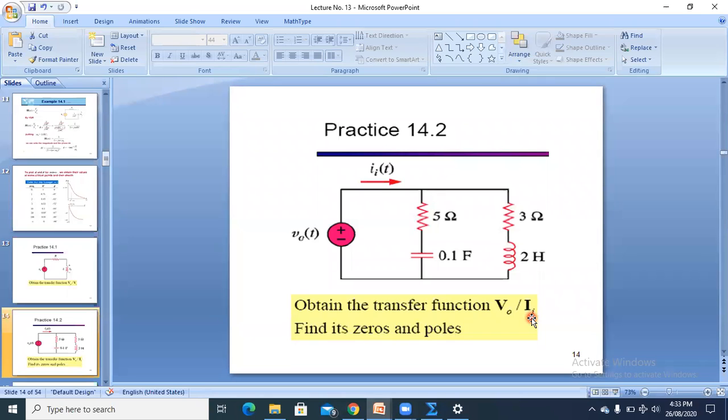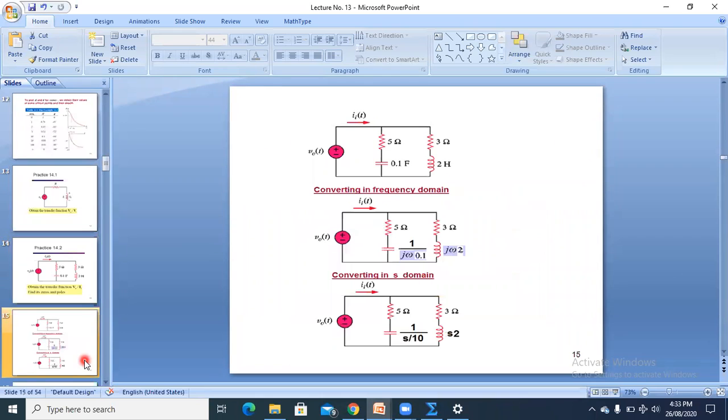So for this, we need to transform the network into the frequency domain. So we transform this circuit into the frequency domain, and we replace j omega by s. So this is in fact 5, 3, 1 plus s by 10 and s2.